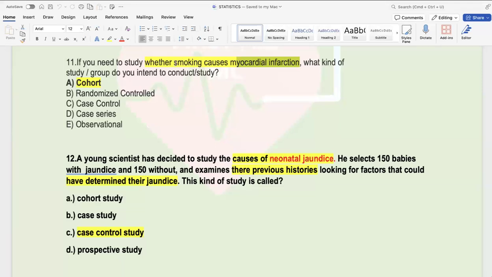Question asks that whether smoking causes MI. Did question ask whether MI is caused by smoking? No. So it depends on what question asks you. The question directly asks you that you want to know whether smoking causes MI. So cause to effect. That's the time we go for cohort. Okay. So don't think too much complicated. That's always the best advice I can give any of you.